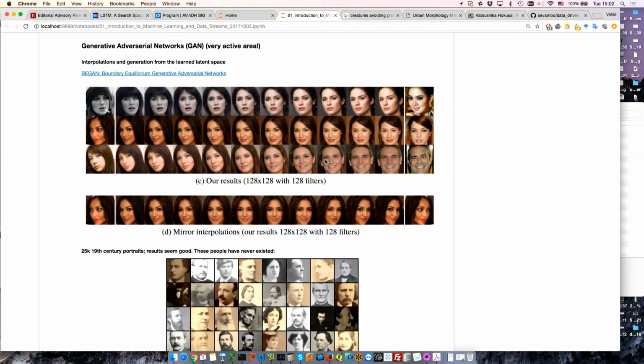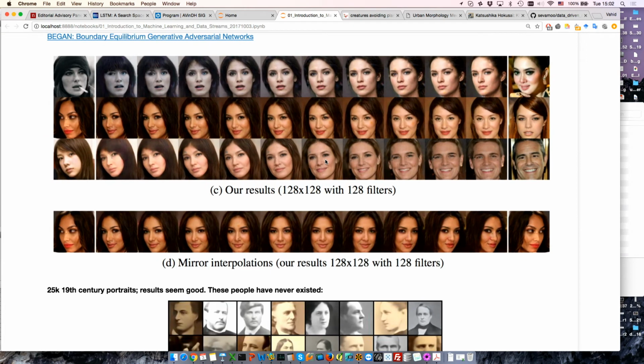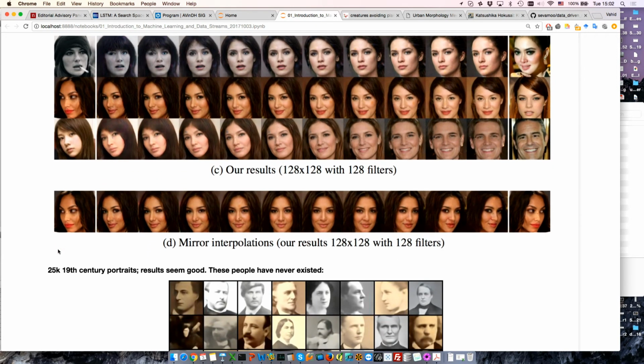This is, I think, a very successful case. Here is a kind of interpolation. You have these two pictures on two sides, and the model fills in between. Now the question is: is it possible to recognize which one is fake and which one is not? We are in the time of fake news and fake pictures, but this is the state of the art.